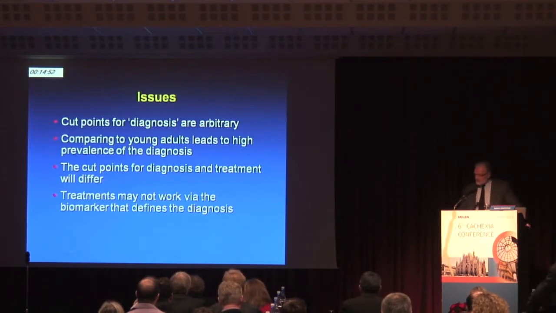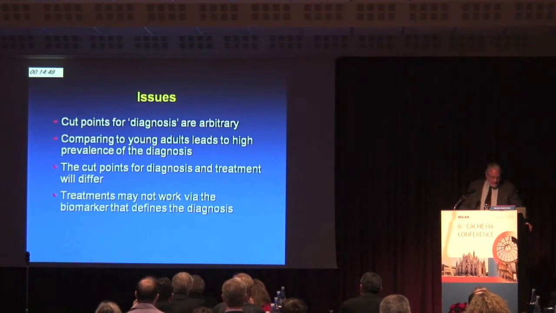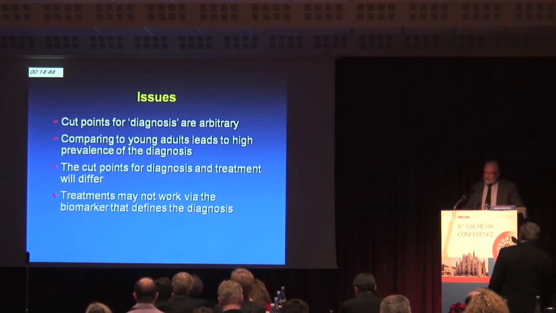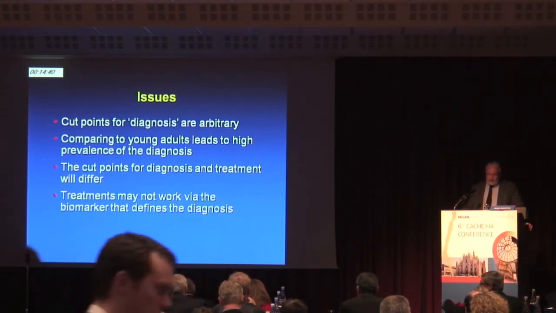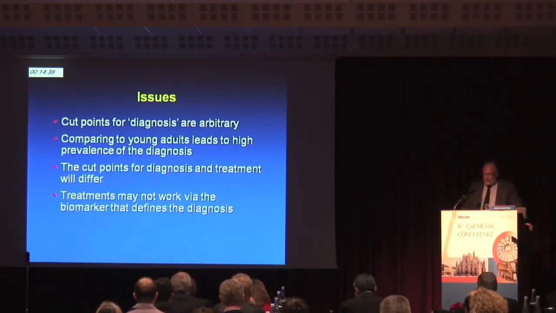And here are the issues that I'm going to try to go through one by one. By definition, cut points for diagnosis when you use measurements are necessarily arbitrary. In addition, when you choose to compare to young adults, it will generate a high prevalence of whatever diagnosis you make amongst older people.